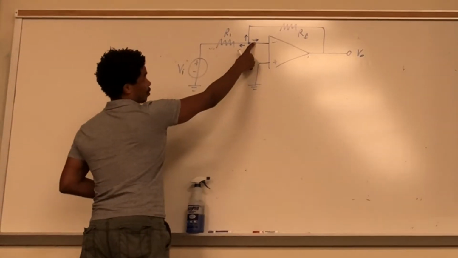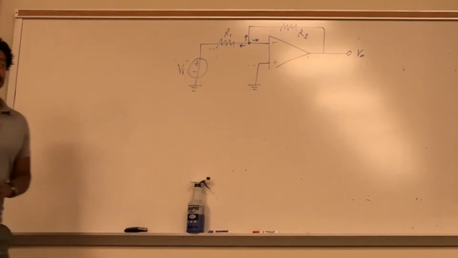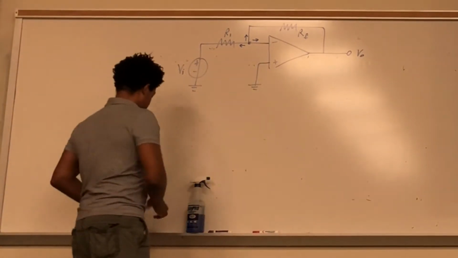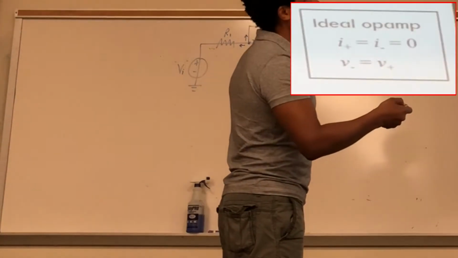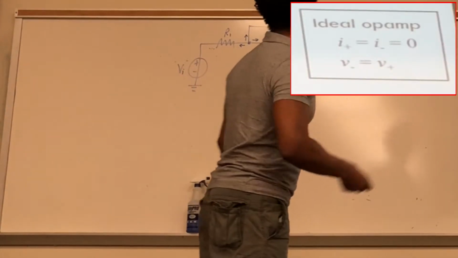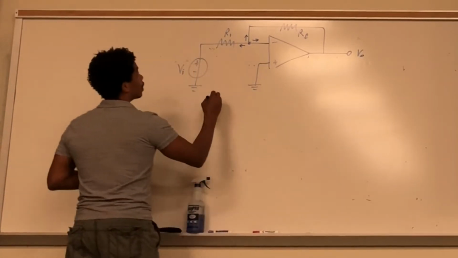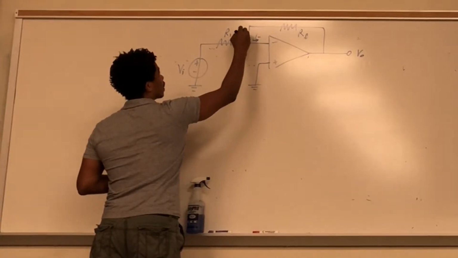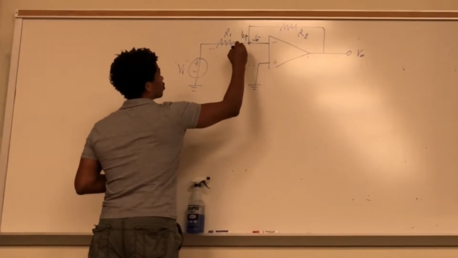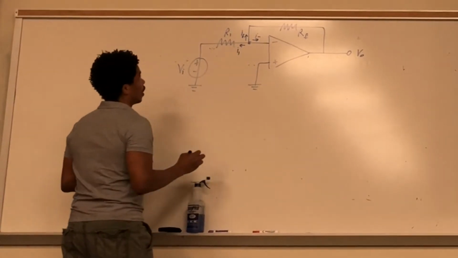So what's this current going to be right here, going into the op amp? 0. Yeah, that's going to be 0, because that is our ideal op amp. Let's call this I negative, I feedback loop, and let's call it I1.